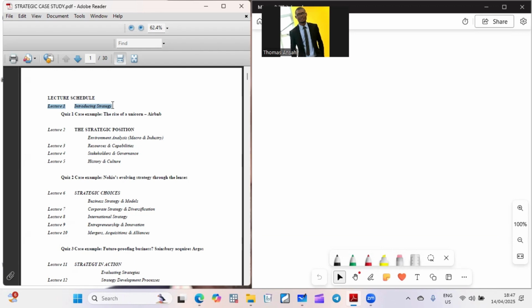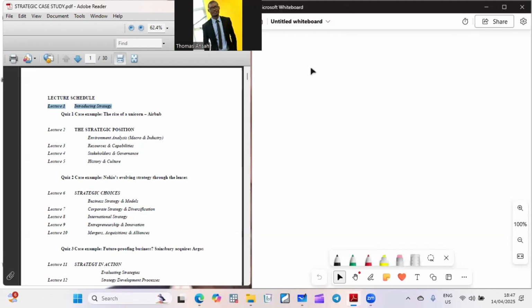So, from the strategic analysis diagram that I did for you the last time, we now want to start how to analyze a strategic question. When you are given a case, how do you go about it? We start with strategic analysis, how to actually do the analysis.